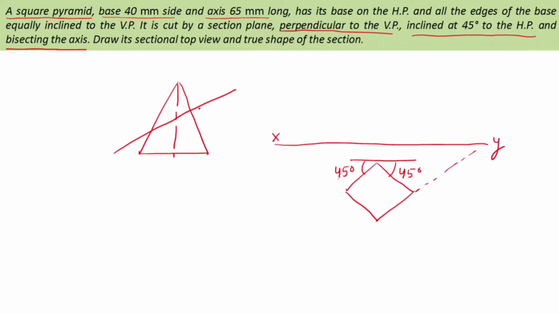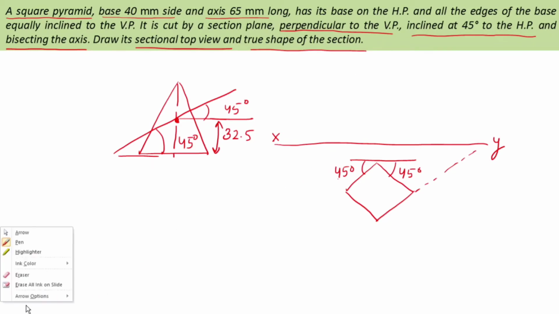Bisecting the axis means this point is the middle of the axis, so this point is 32.5. And this angle is how much? 45 degree. So we need to draw its sectional top view and the true shape of the section. I hope the problem is clear to you, how the problem is being given and how you need to draw.